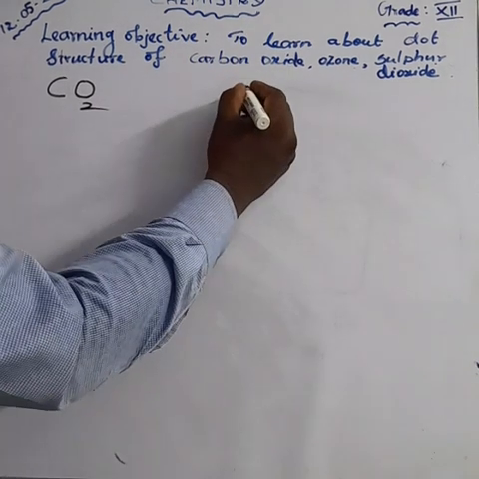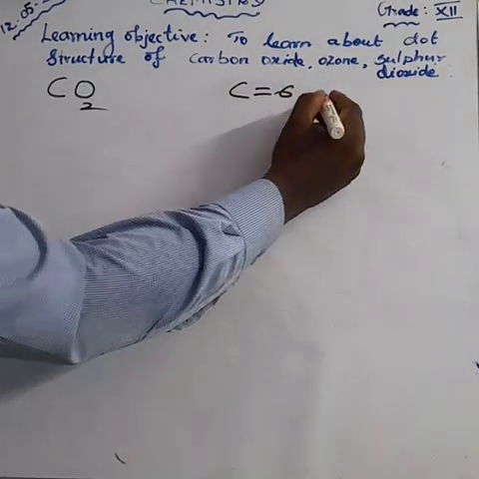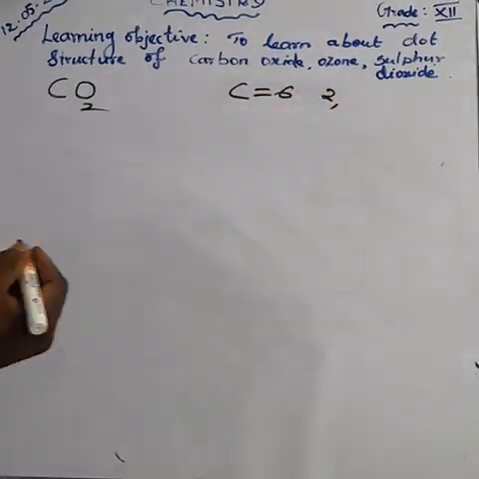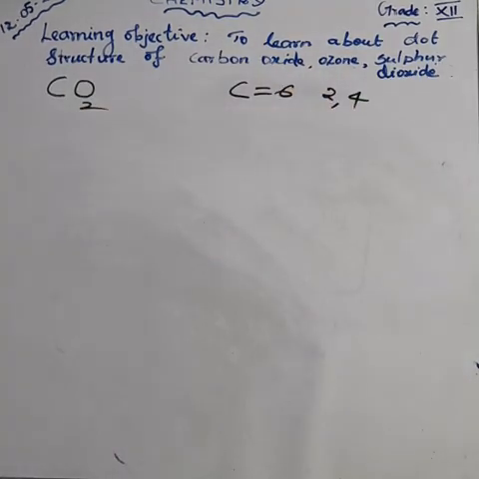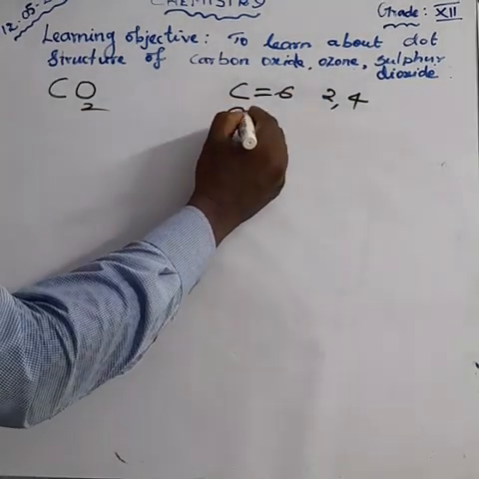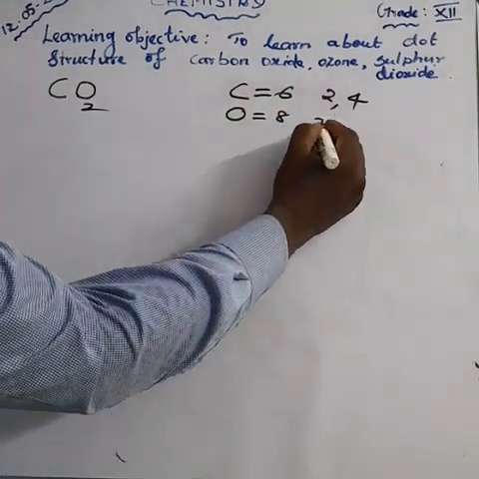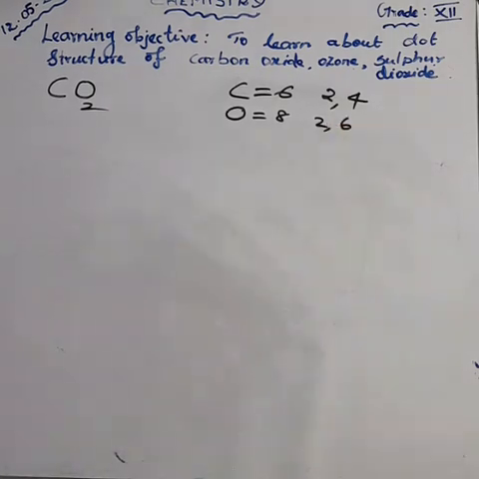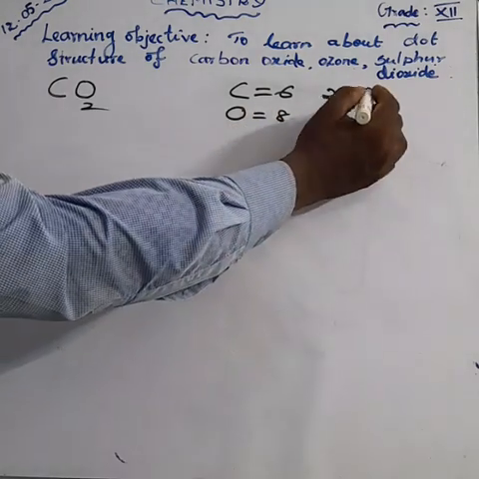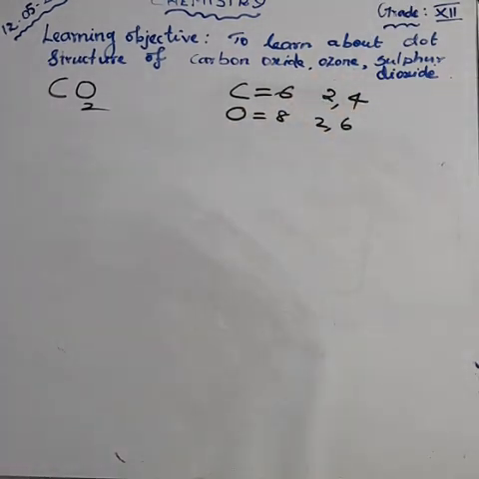Carbon atomic number 6. The first shell accommodates 2 electrons, second shell 4 electrons. This is called the valence electron. Next one, oxygen. Atomic number is 8. First shell accommodates 2 electrons, second shell 6 electrons. So the total available electrons for carbon monoxide is 10.